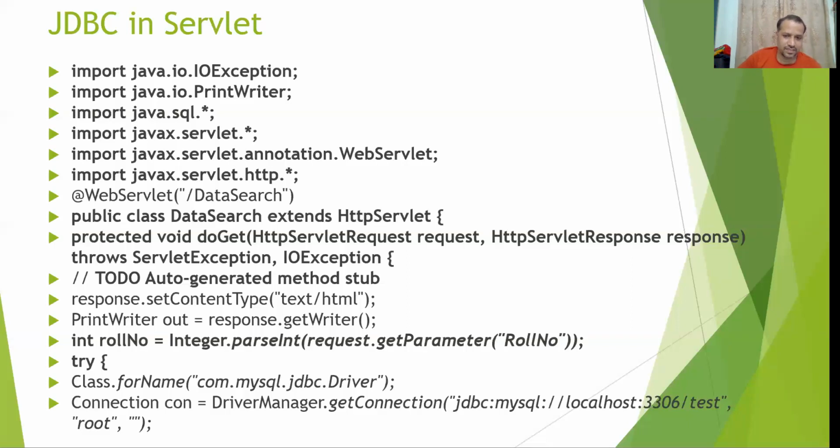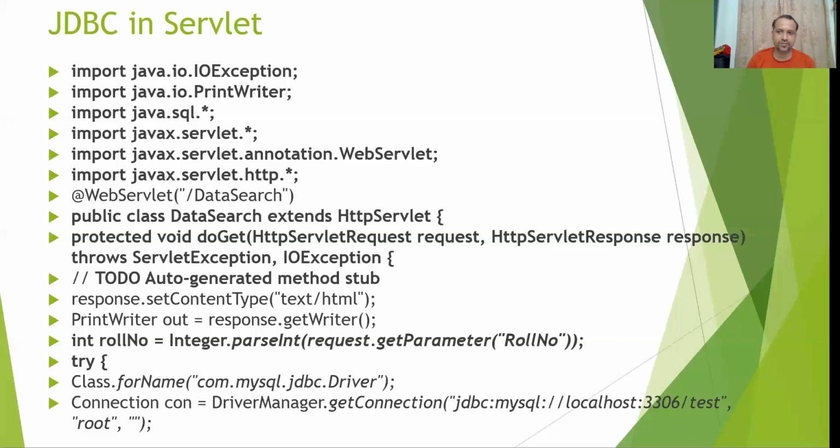The purpose of this program: in an HTML page, I have created one field. The field name is roll number, which I am going to put in that particular HTML. After that, that HTML is going to be redirected to my servlet, and it is going to process as per the requirement.